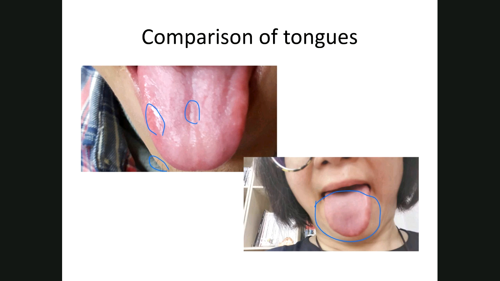Now, any more questions for these two tongue images? And what does a broad tongue mean? A broad tongue is based on the size of the tongue relative to the size of the face, and then we assess whether it is broader or narrow. So these clients have broader tongues in general. See?